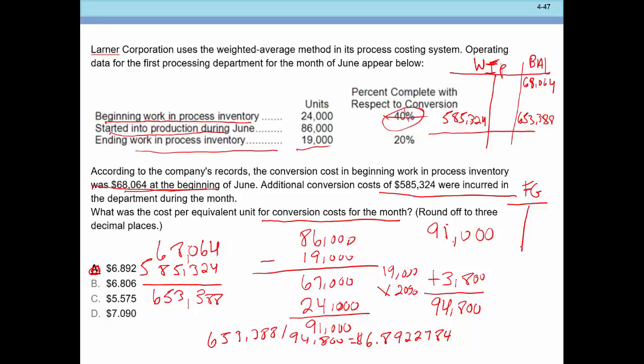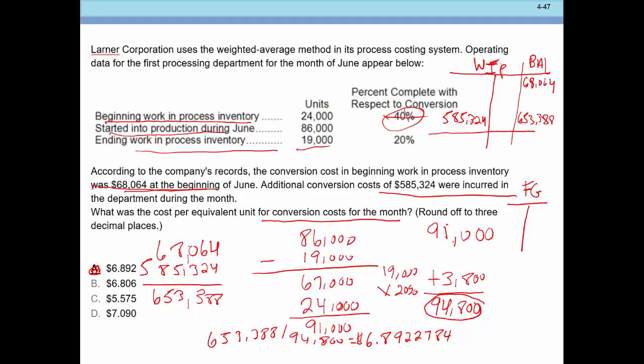Okay, and how will I calculate that? Well, I'm going to take how many units did I assume were transferred out? How many items did I give myself credit for having completed this period and were transferred out? The 94,800 is what I'm assuming I've transferred out, right?